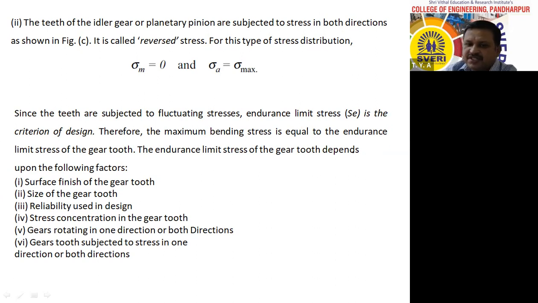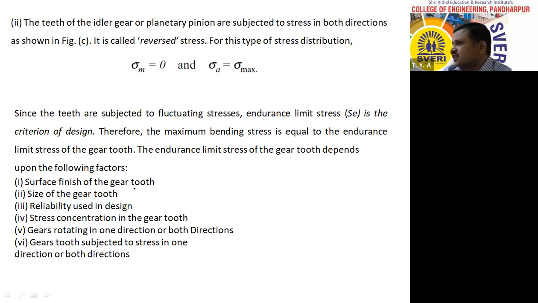The endurance limit stress of the gear tooth depends upon the following factors. First, surface finish of the gear tooth. Second, size of the gear tooth. Third, reliability used in design. Fourth, stress concentration in the gear tooth. Fifth, gears rotating in one direction or both directions.